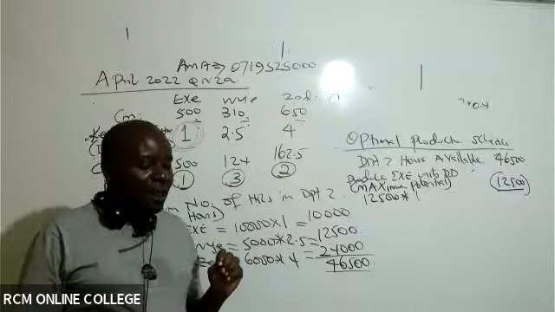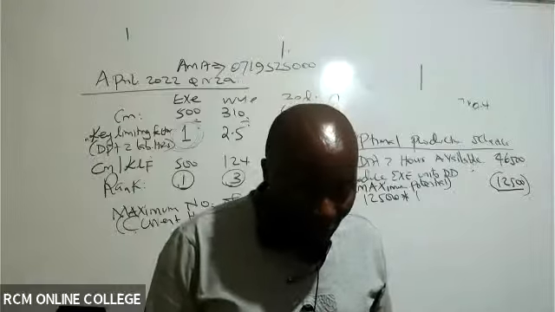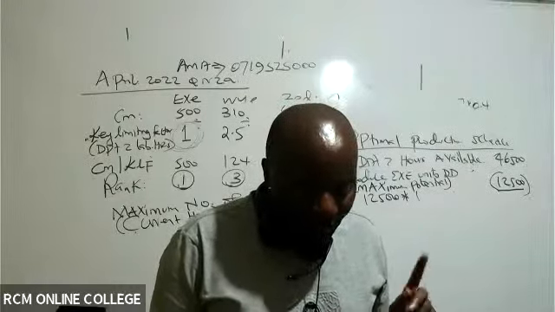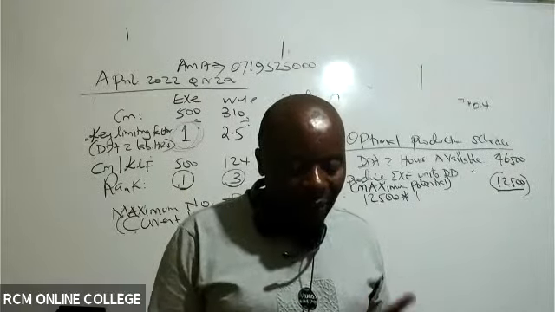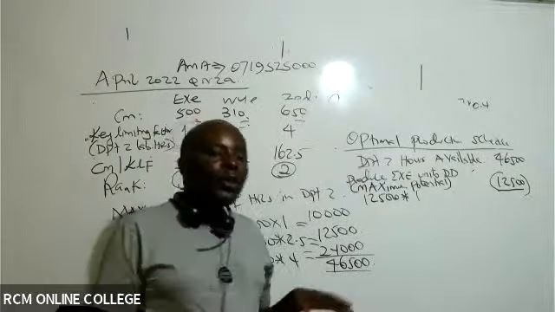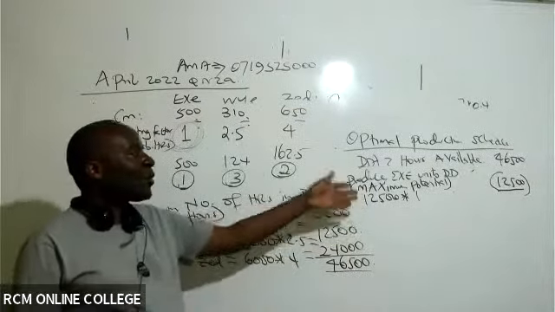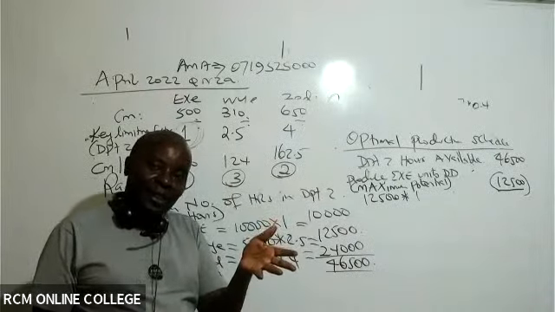If you look at note number 4: a recent market survey disclosed that the maximum sales potential for the company is 12,500. Don't use the current units, because there's nothing that will prevent you from hitting the current units.